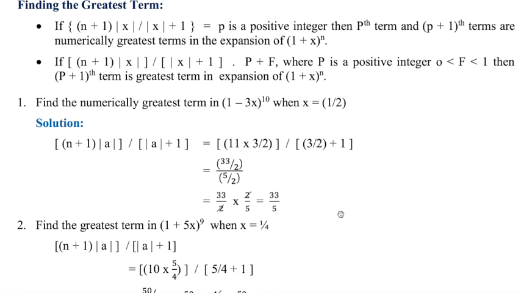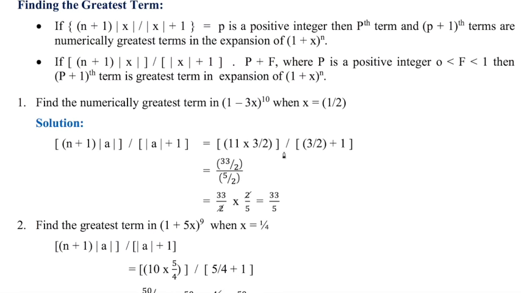Find the numerically greatest term in (1 minus 3x) whole power 10 when x equals half. So (n plus 1) into mod a by (mod a plus 1). n is 10, so 10 plus 1 is 11, into a is how much? 3 by 2.